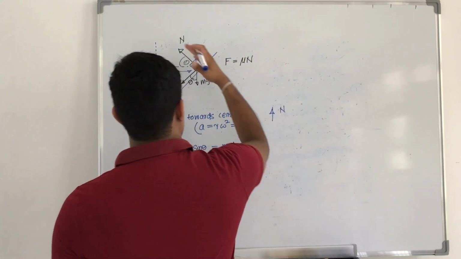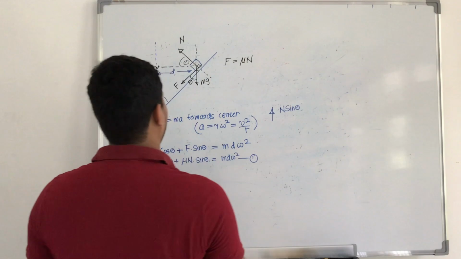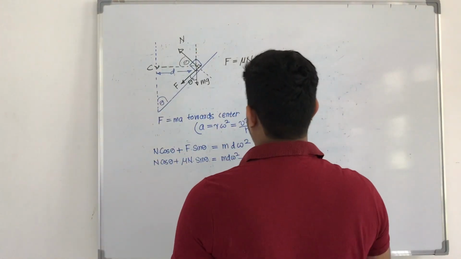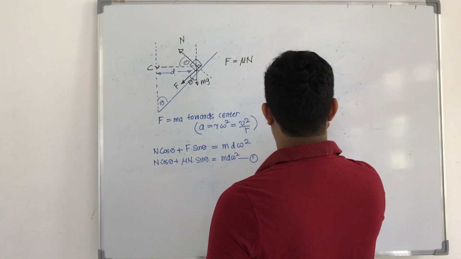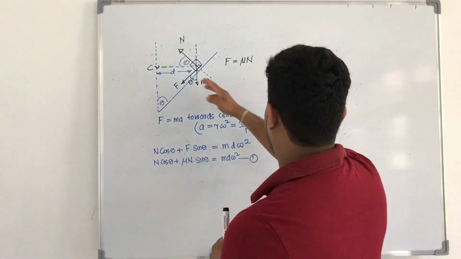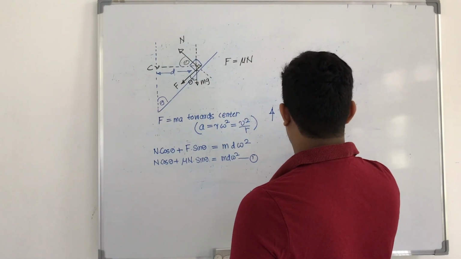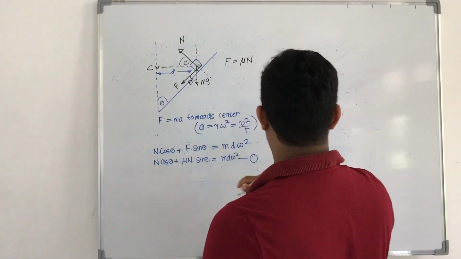N sin theta is there, and you have F cos theta. N sin theta is upwards, and the other forces are acting downwards. If you consider equilibrium, upward forces and downward forces must be equal. So N sin theta is upward, and F cos theta is downwards, plus there is the weight mg.